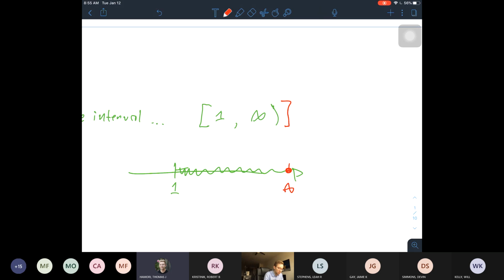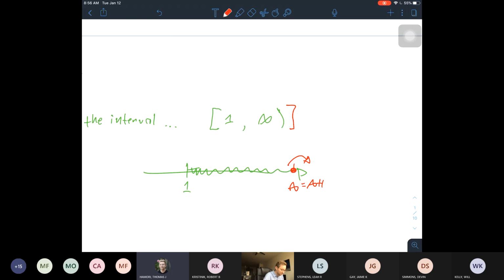But then there's always some point beyond that point, which would then be something like infinity plus 1. And we know that infinity plus 1 is equal to infinity, so we don't actually use a bracket because that would imply that infinity is, in fact, a finite number, which is sort of absurd to say. It's like an oxymoron or something. No, it's worse than an oxymoron. It's a paradox. So we use parentheses when we talk about infinity.